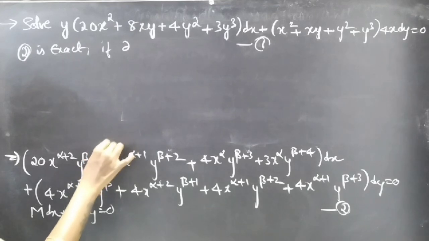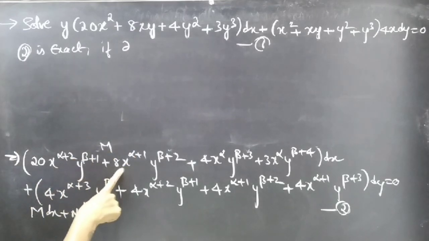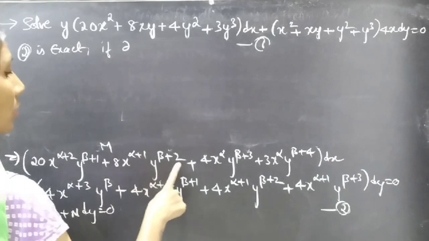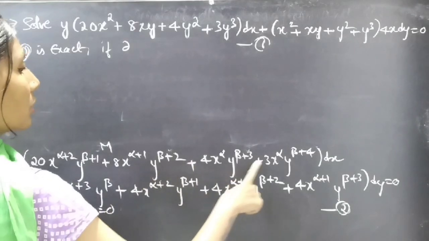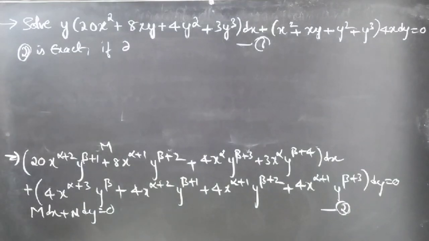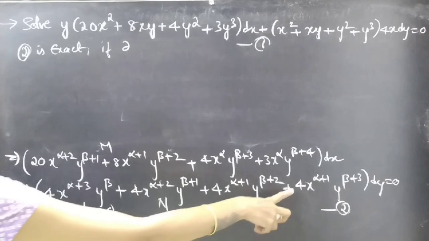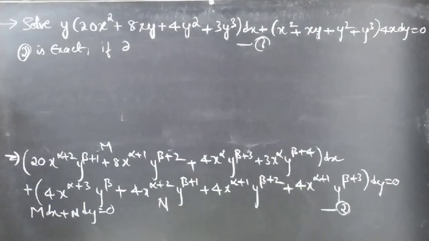For M equal to 20 x^(α+2) y^(β+1) plus 8 x^(α+1) y^(β+2) plus 4 x^α y^(β+3) plus 3 x^α y^(β+4), and for N equal to 4 x^(α+3) y^β plus 4 x^(α+2) y^(β+1) plus 4 x^(α+1) y^(β+2) plus 4 x^(α+1) y^(β+3), right?